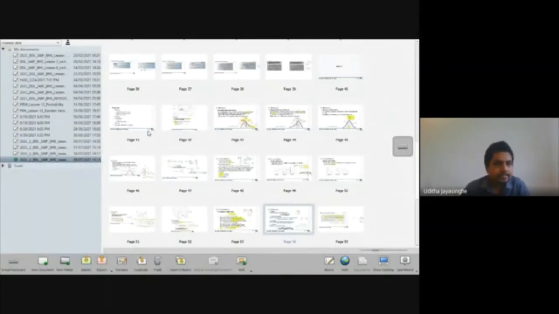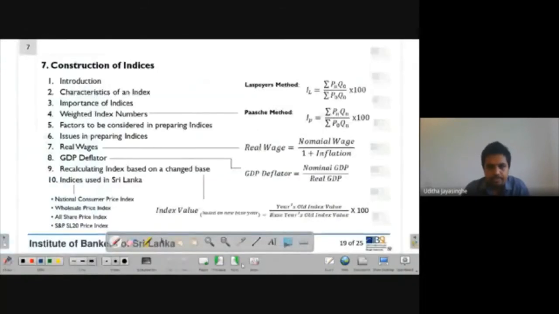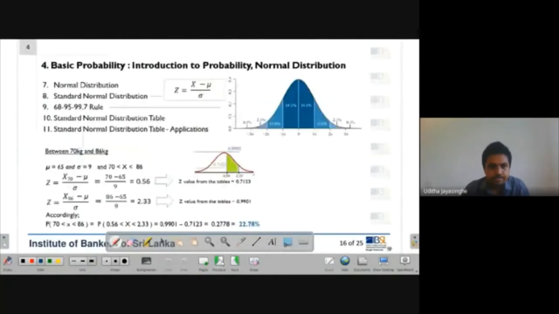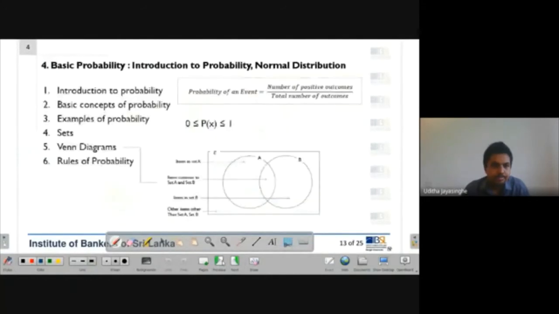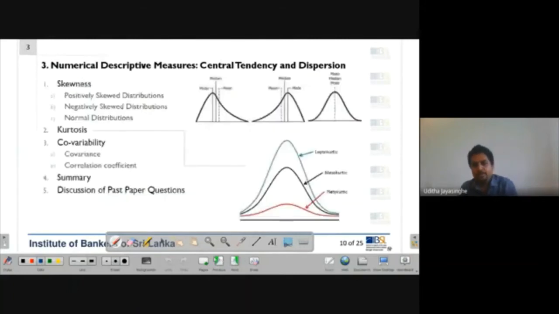There are some revision slides which I'll be sharing with you momentarily. If I quickly take up a particular page, this is how your note should be.